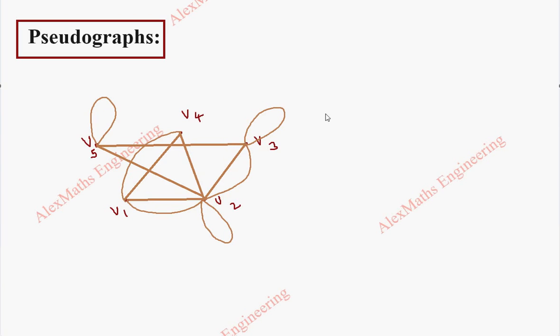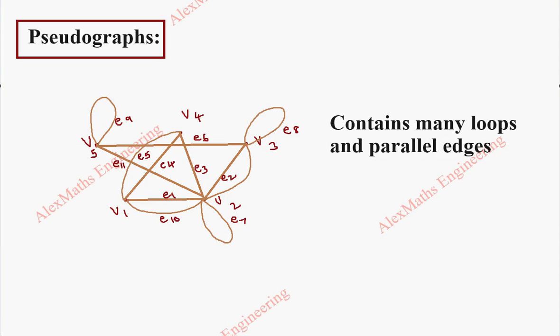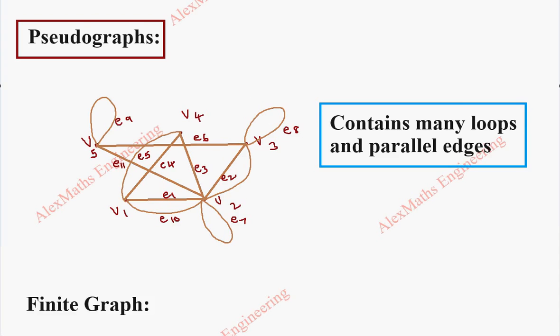Let's name these edges E1, E2, E3, E4, E5, E6, E7, E8, E9, E10, and this is E11. Such a graph which contains many loops and parallel edges is sometimes called a pseudograph. Next we will see what a finite graph is.